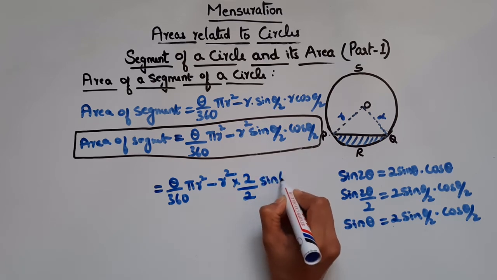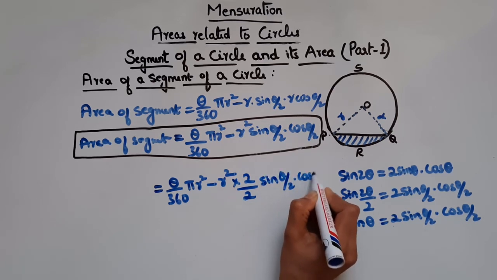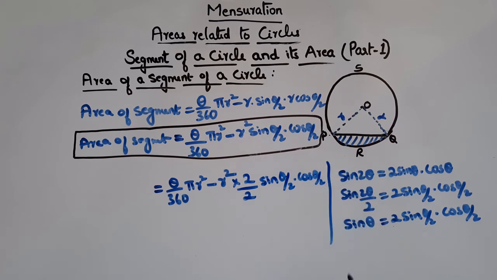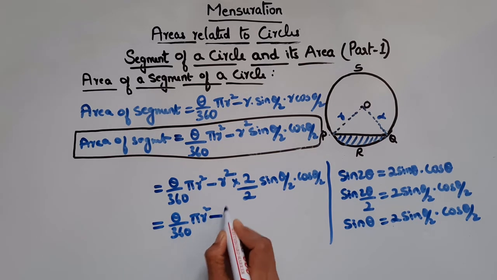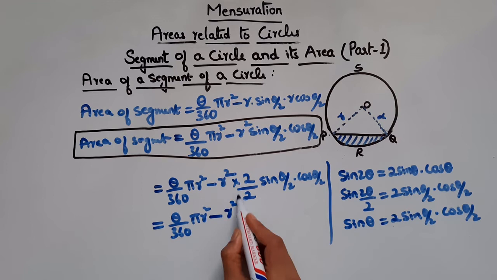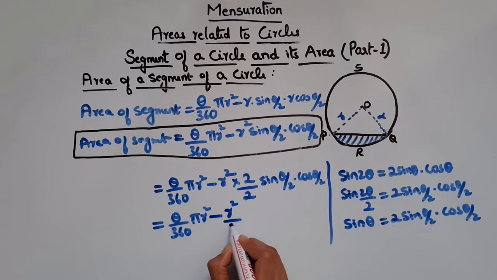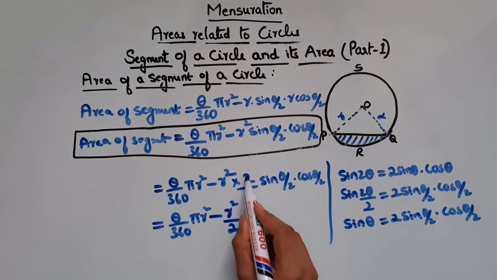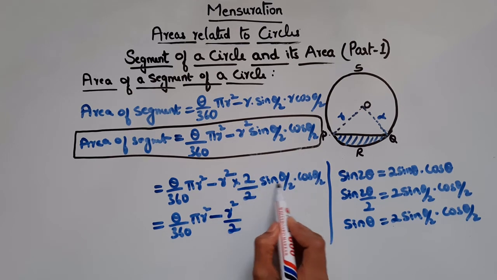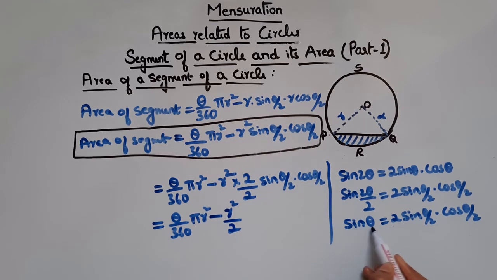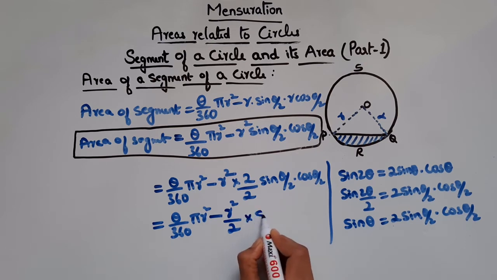Into sine of theta by 2 into cos theta by 2, which is equal to, here we have theta by 360 degree into pi r square minus r square. This denominator 2, I will write here by 2. So we are left with 2 into sine theta by 2 into cos theta by 2. So this whole term you can replace it by sine theta. Agreed?